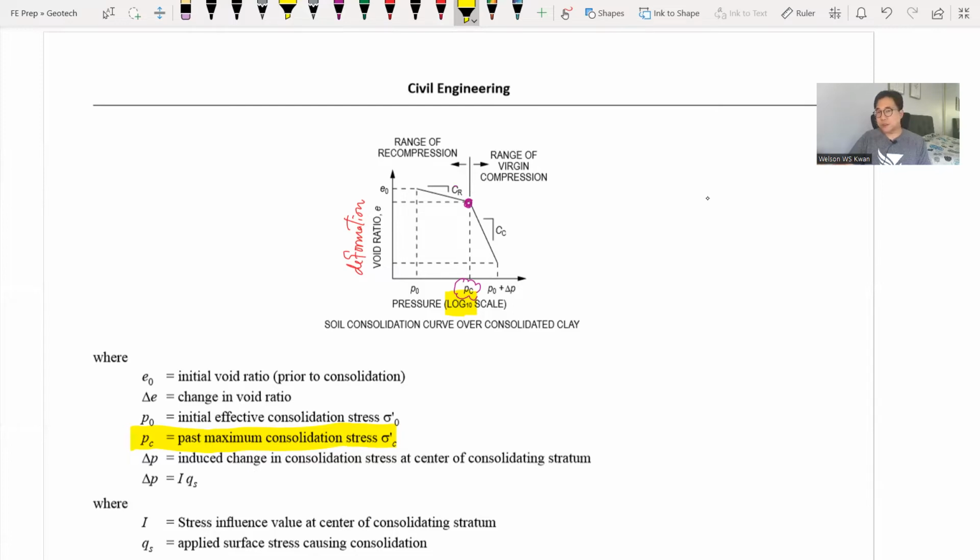Imagine a piece of soil element in the ground for many years, 1,000 or 10,000, a long history of geological time. And throughout the time, erosion happens. So you could have 100 feet of soil above it that got eroded, or there were man-made activities.